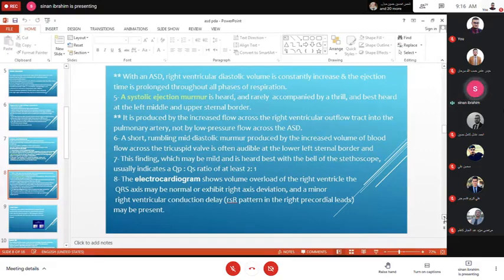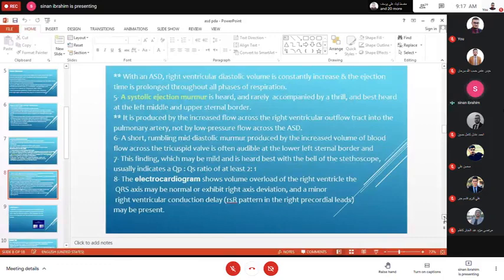Students always get this wrong. If we ask what the murmur heard in ASD is, we say systolic ejection murmur, but they say it is due to blood flow through the ASD, and this is a common mistake. The pressure between the two atria is very low, so it cannot produce a murmur. The murmur of ASD is due to the overflow that passes through the pulmonary or right ventricular outflow and through the pulmonary valve.